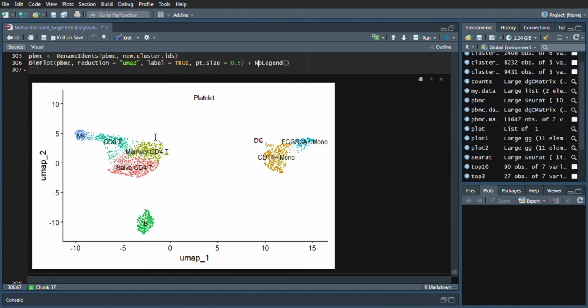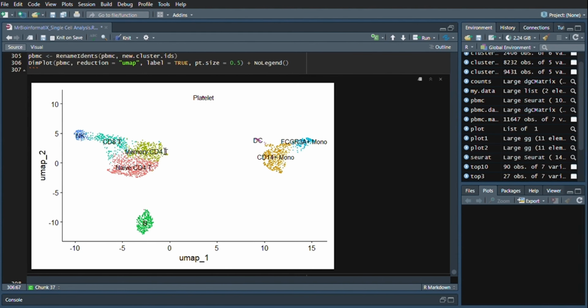Regarding memory CD4 T cells, after an initial infection or vaccination, some CD4 T cells become memory cells. These cells persist long-term in the body and remember the pathogen. If the same pathogen is encountered again, memory CD4 T cells can respond more quickly and effectively than the first time.